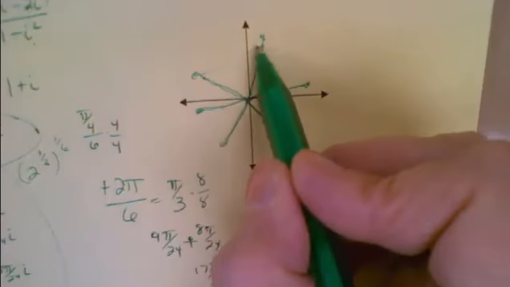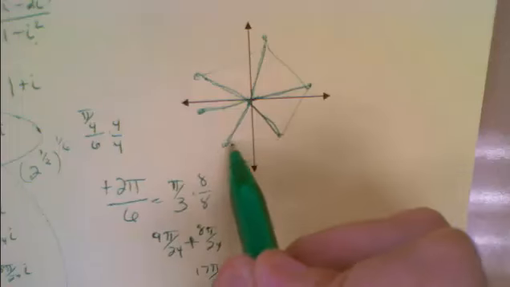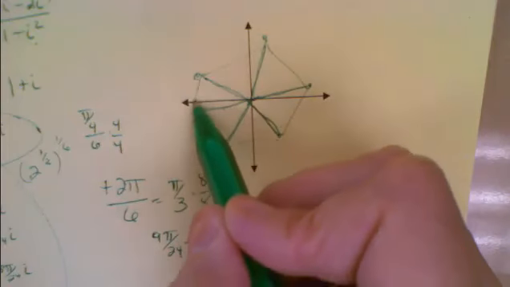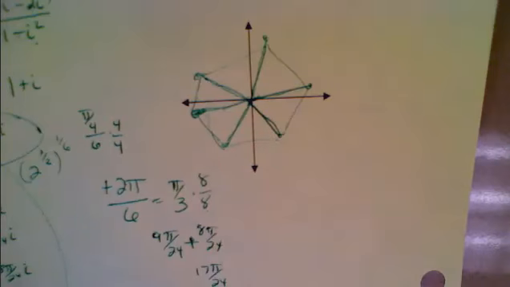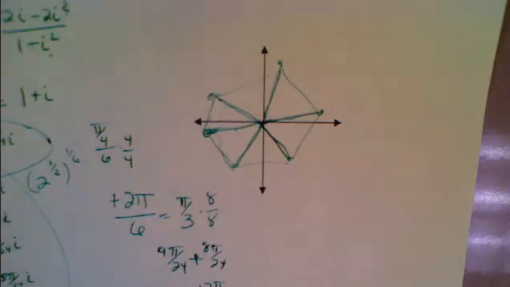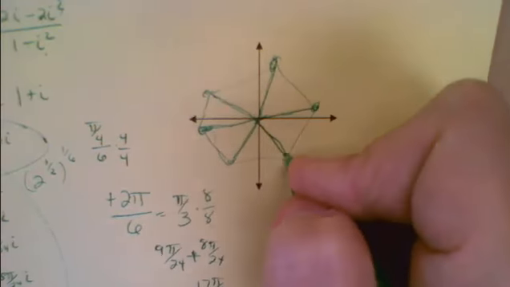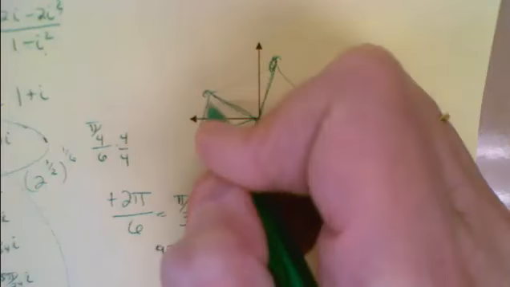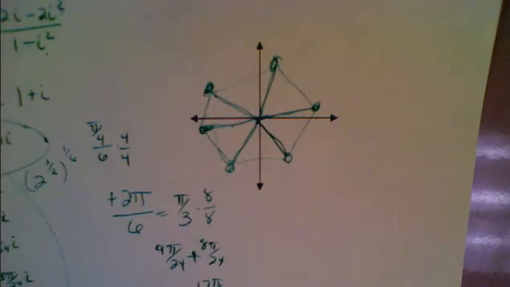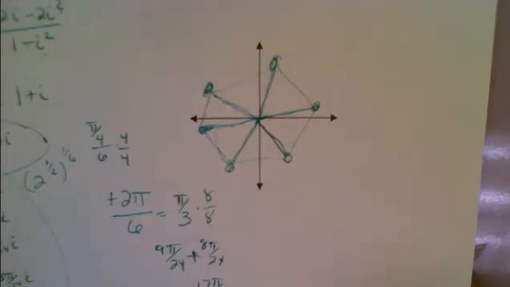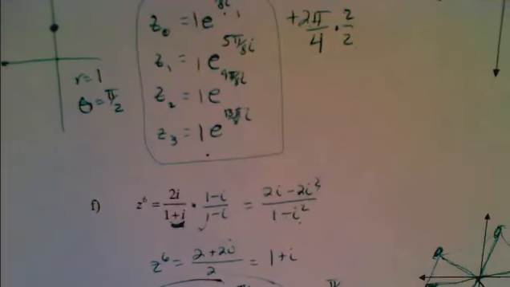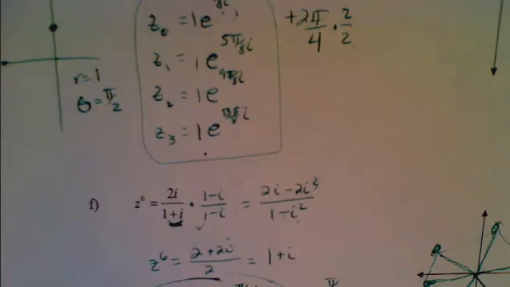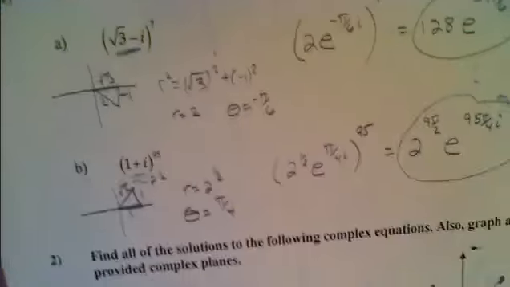If you connected them, which mine doesn't look very good, you should have a regular hexagon when you're done. Okay, so these points are the numbers you're looking at with those radius and angles. Okay, so that ends the back page of the worksheet on roots.